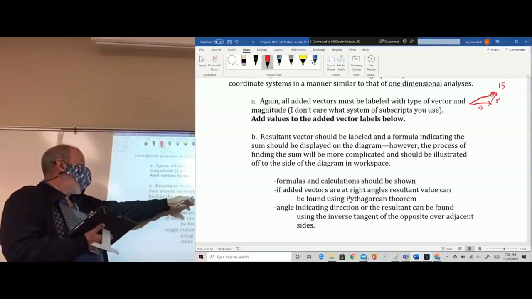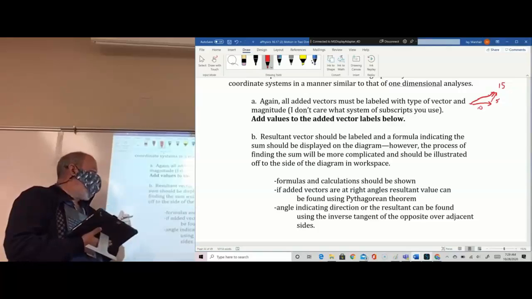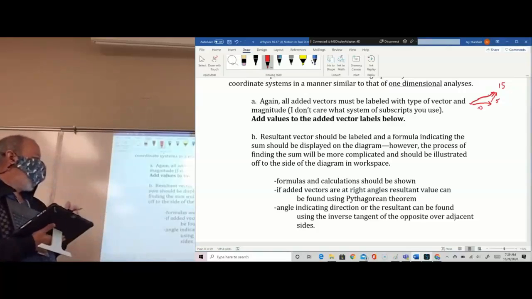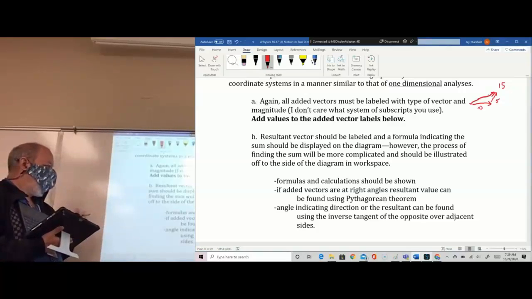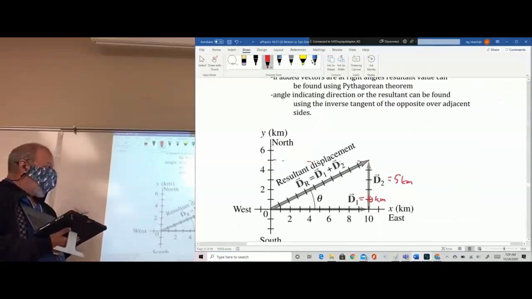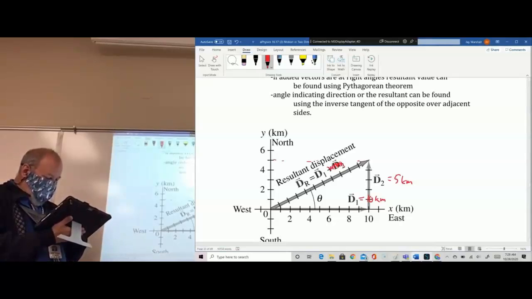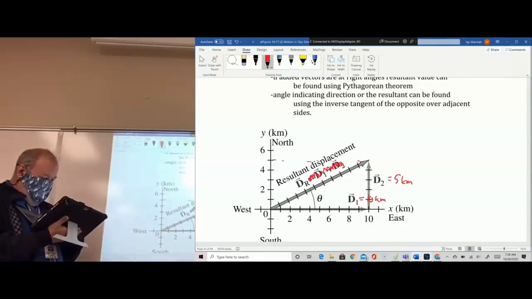However, the process of finding the sum will be more complicated and should be illustrated off to the side of the diagram in the workspace. Okay? Now, it's been a while since I've actually written these notes. I don't actually want you to put that there anymore.